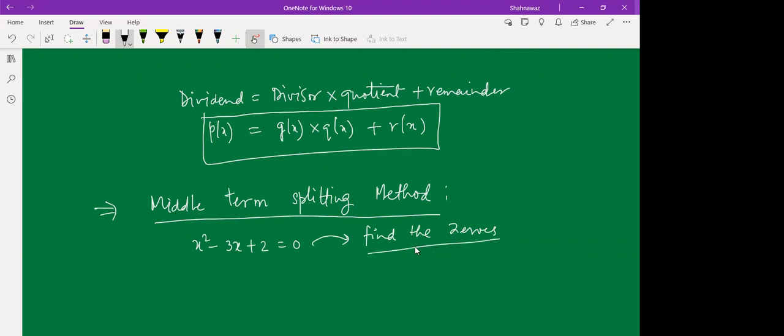So there are numerous methods to solve this equation. One is, as the name suggests, the middle term splitting method. And the second one is the completing the square method. This will be done in the next chapter, that is the quadratic equation.